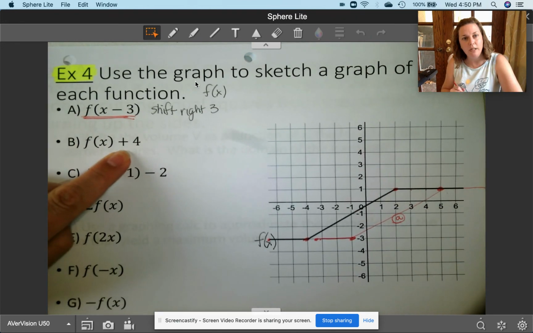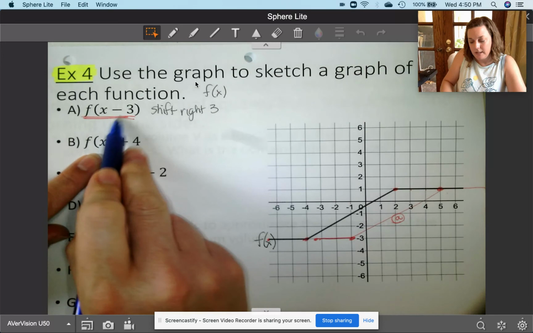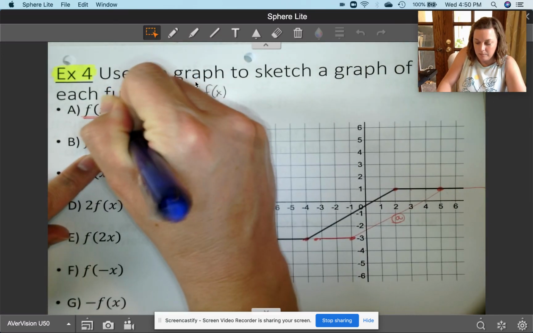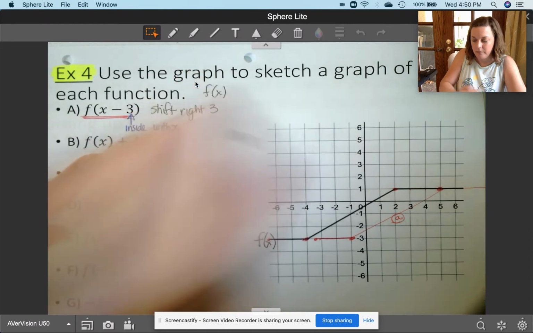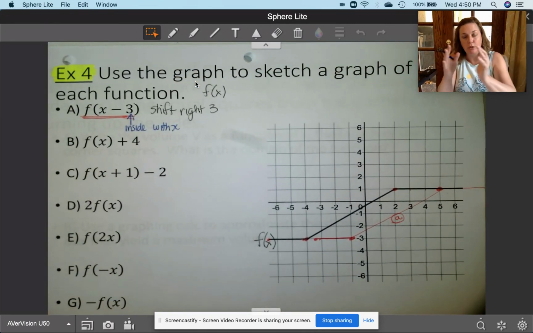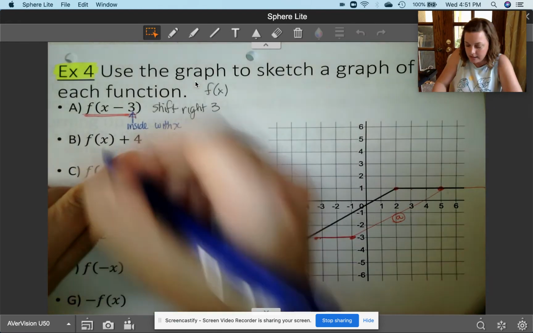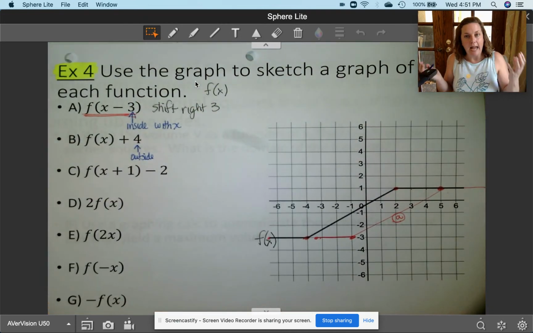Well, what's this 4 going to do then? The difference is that here we were inside. Everything that's inside with x shifts in the x direction, so it's shifting left and right. This is on the outside, and when numbers are on the outside, it affects the y values.